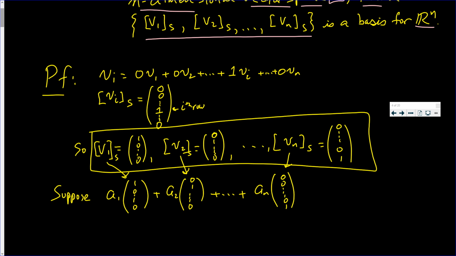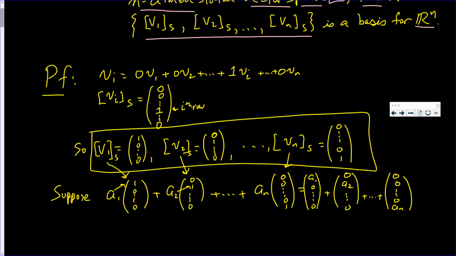(0, 1). Now, this is a1 and then all zeros, and then all zeros except a2 in the second position, all the way down to 0, 0, 0, and then a sub n in the last position, and this is equal to (a1, a2, up to a sub n).